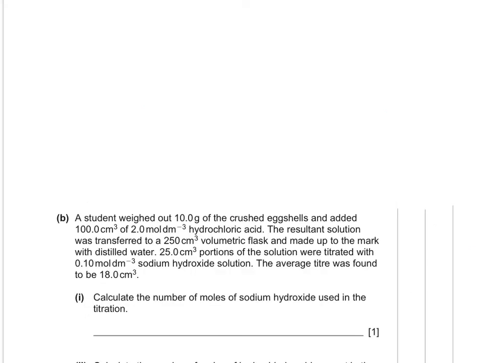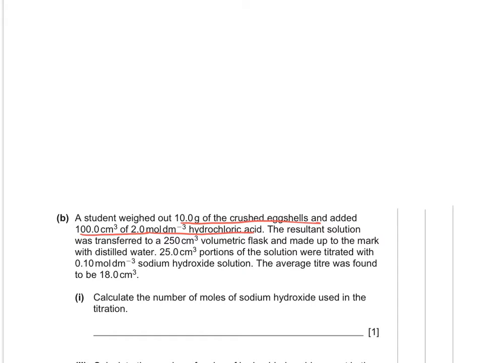So then the question moves on to the calculation part, and we're given a step-by-step method of what happens in this titration. And so sometimes it's helpful to draw a diagram of what's happening, and that helps you keep track of your calculations also. So we're told initially that 10 grams of our crushed eggshells are weighed out and added to 100 centimetres cubed of 2 molar hydrochloric acid.